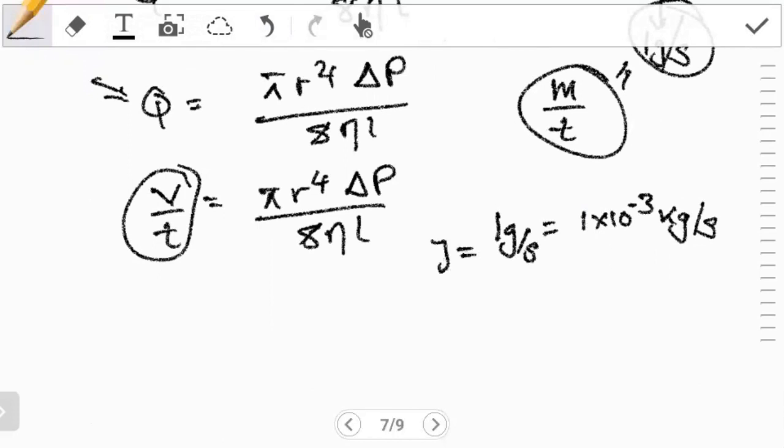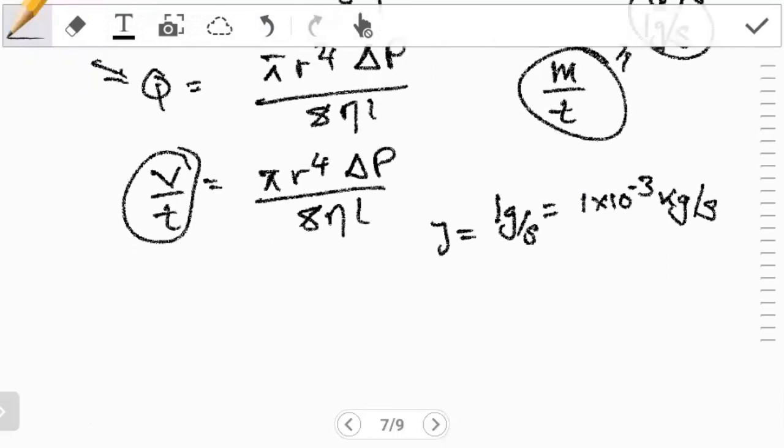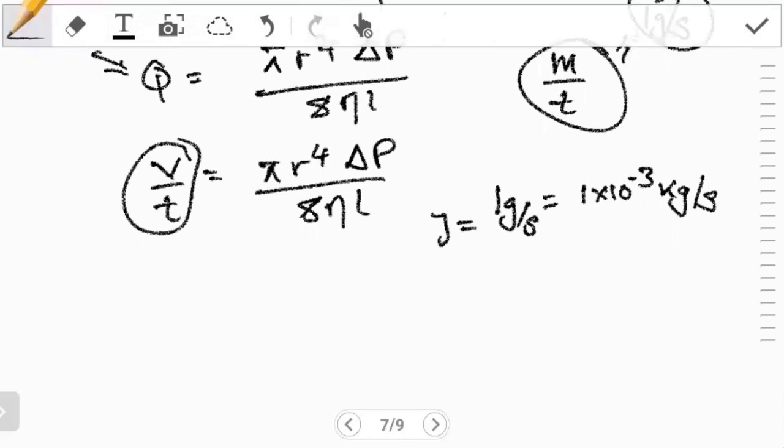What is the J? Now, what you guys should recall is that we want to change this volume flow rate so that it can relate to the mass. So we start with density. Density relates the mass to the volume in this way.